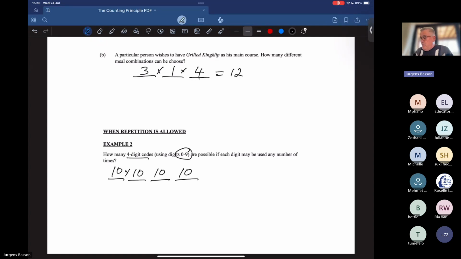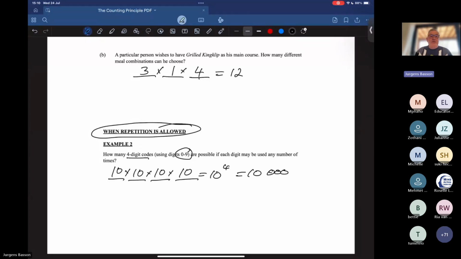And now when we multiply, we will get 10 to the 4, or for that matter, 10,000. So as you can see, when repetition is allowed, then what we normally see is the number of ways we can do every task stays the same. So we get exponents, the 10, 10, 10, 10.